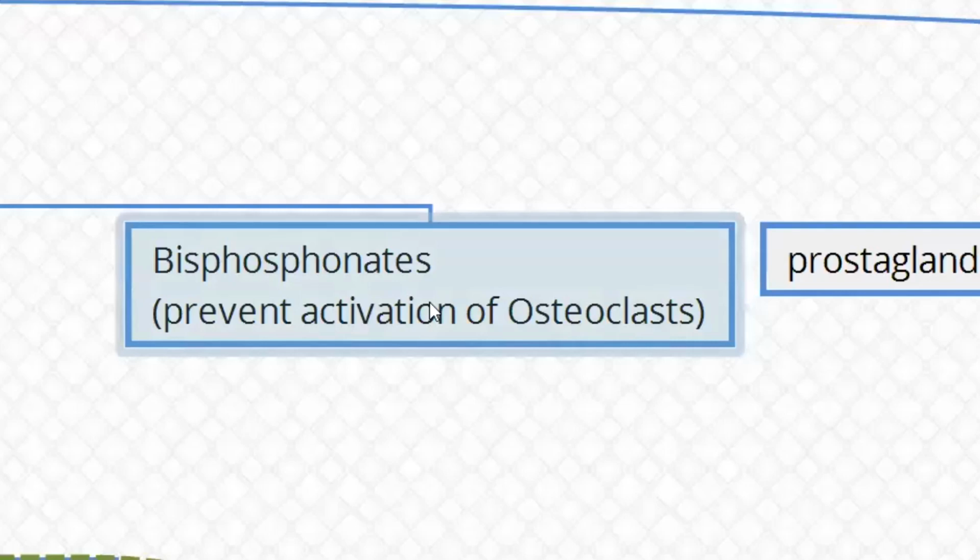So what would happen? You would have a porous bone. So you have to give any kind of drug that could decrease the bone resorption. How does bone resorption go on? By the osteoclast. So you have to give a drug which decreases the activation of the osteoclast.